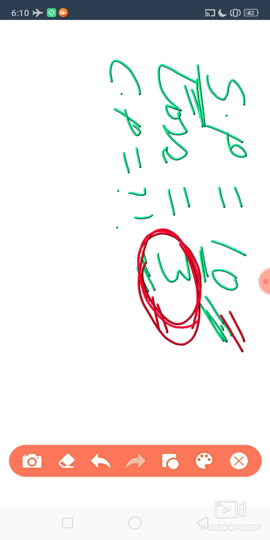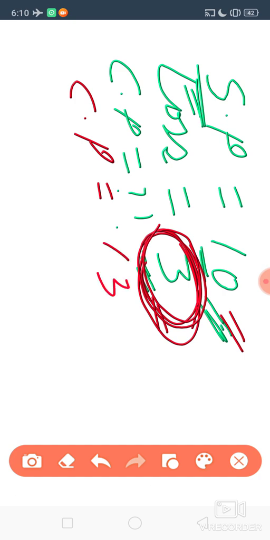So for what price did you purchase this pen? 3 rupees less means its price when you purchased it was 3 rupees more. So the original price was 13 rupees. You bought for 13 rupees and sold it for 10 rupees, then only you are getting 3 rupees less.